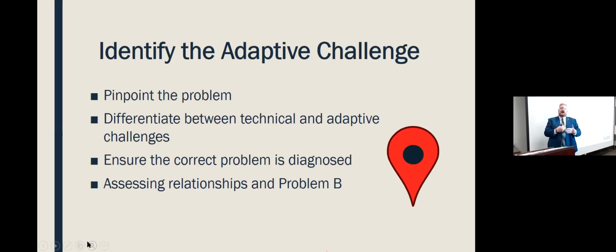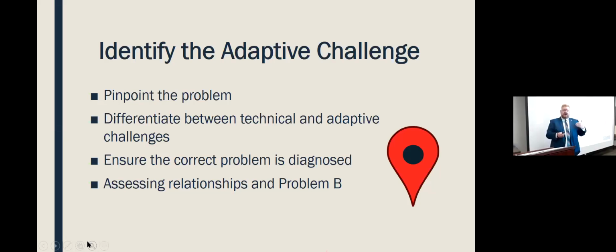Is this something that as the leader and the other people I'm working with, can we take this on? So it's technical and adaptive, or is it an adaptive challenge? And again, that's where you go back and ask some of those questions and think about some of those things. So when you're on the balcony, you know some of the things that you should be thinking about.